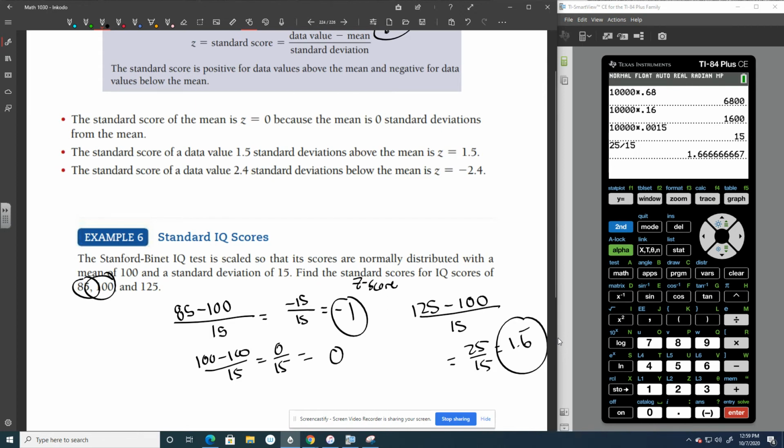You are the average distance from the mean, from the middle number. If you are more than 1 away, you are further away than the average person. If you are less than 1 away, then you are closer than the average person. Does that make sense? A z-score of 1 is kind of the average distance away because it's just 1 standard deviation.